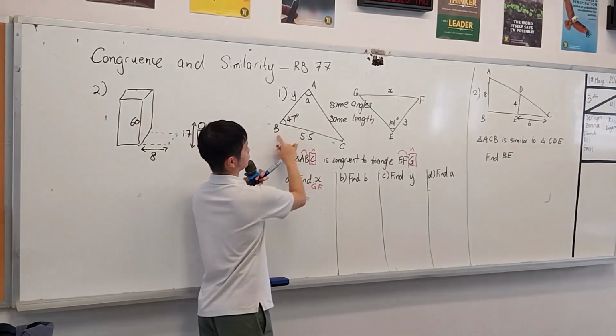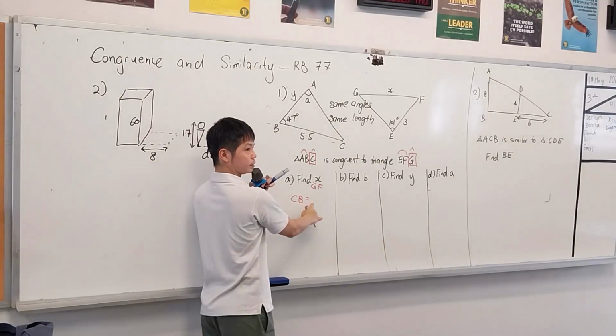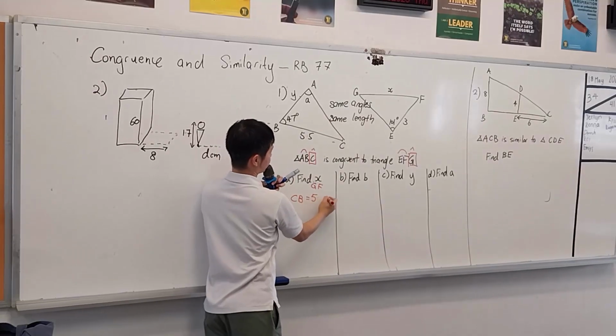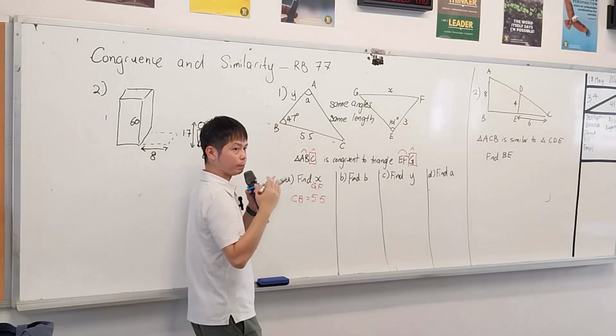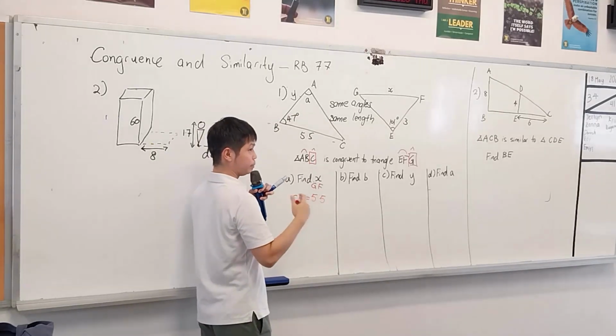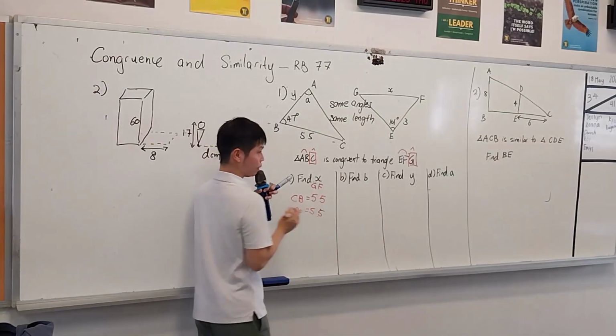CB, right? So, what is the length of CB? You read 5.5. So what is the value of X? It must be the same length, right? Because they are congruent, they are exactly the same. Same length, same angle, same shape. So X is 5.5.